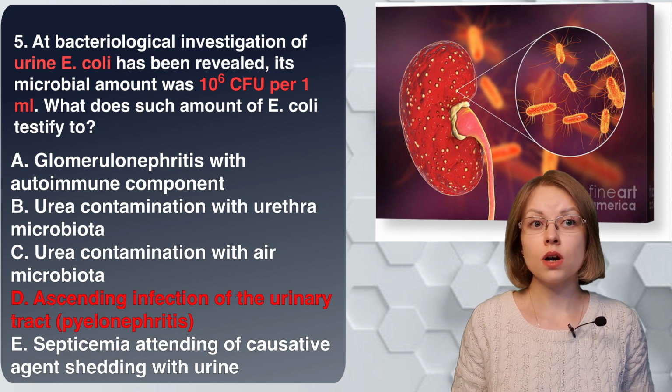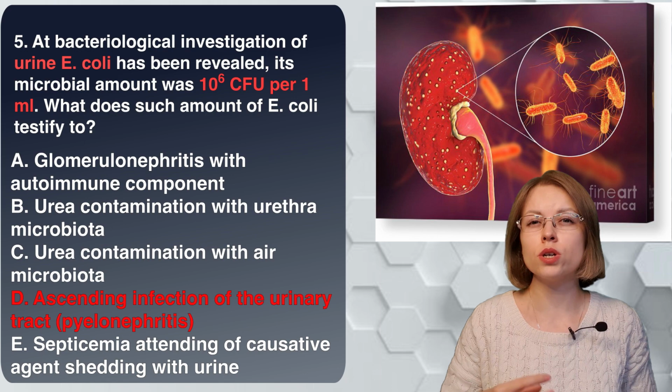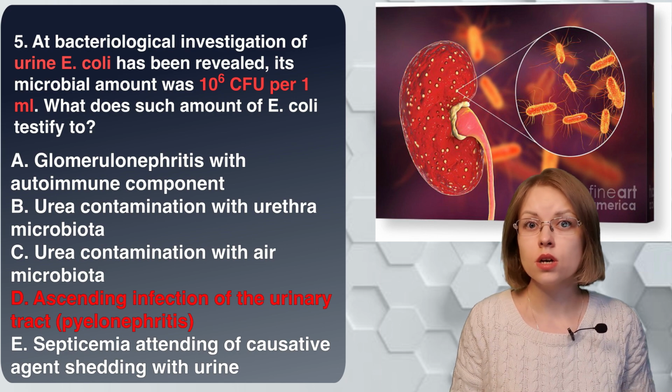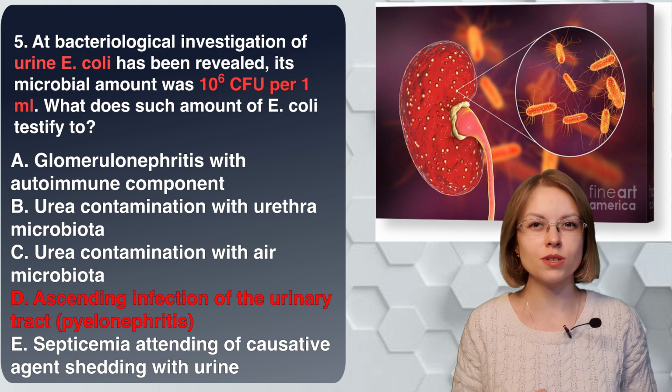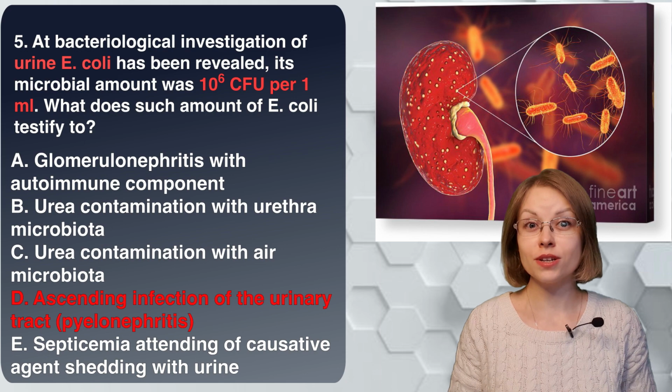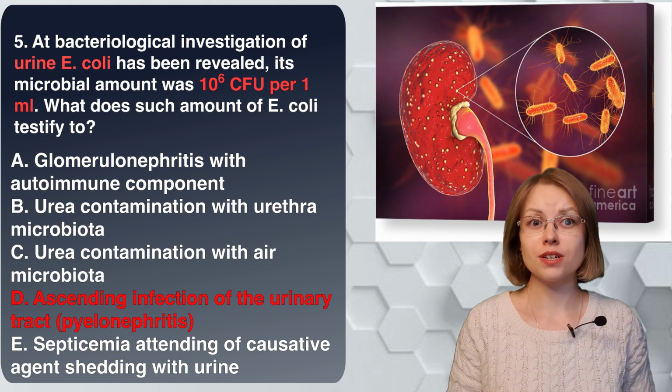Septicemia is accompanied by a serious condition of a patient which can develop as a result of many infections, including urinary tract infections, when the pathogen enters the bloodstream from the urinary tract, but not vice versa, from the blood to the urine, as written in the distractor E.